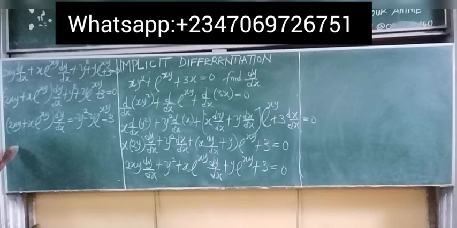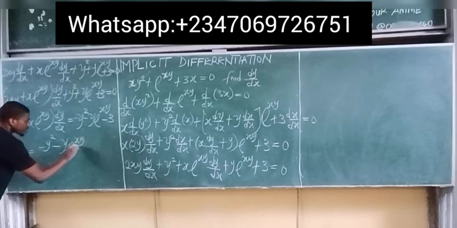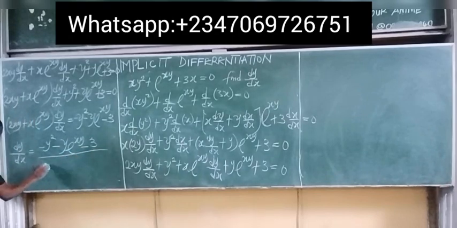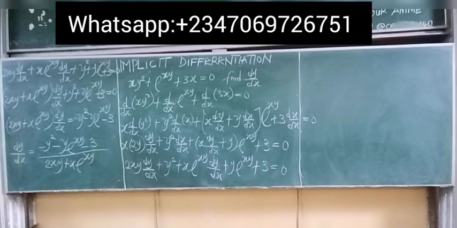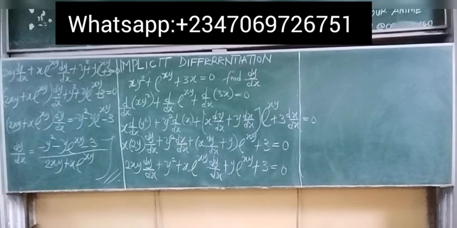Therefore, I will simply have dy/dx equal to minus y squared minus y e^(xy) minus 3 all over 2xy plus x e^(xy), and that's the final answer to that given problem.